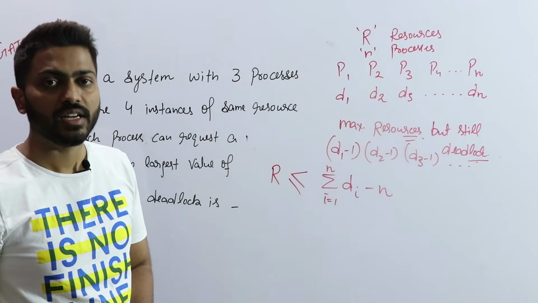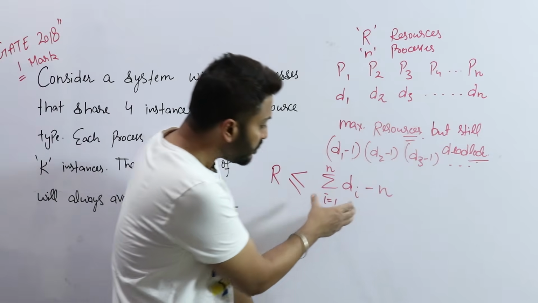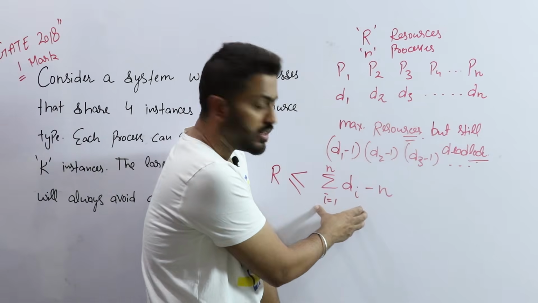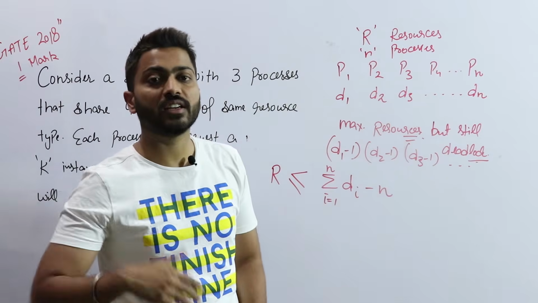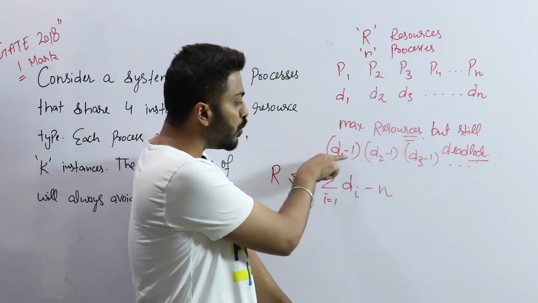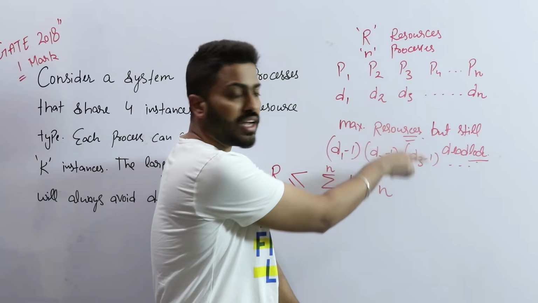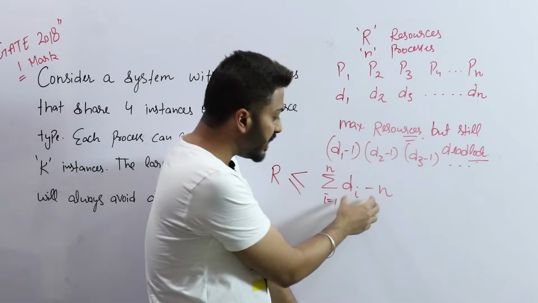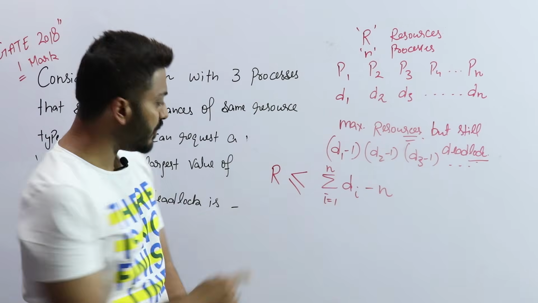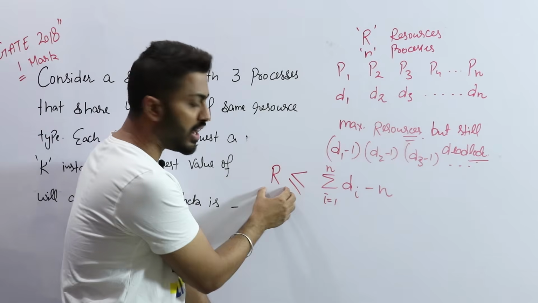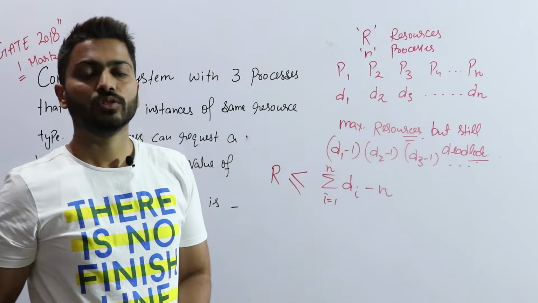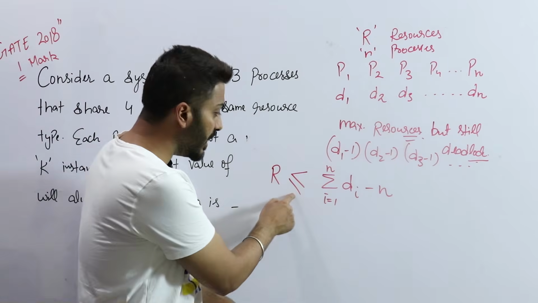There will be a deadlock, because whatever the demand, I am not fulfilling the demand directly. I am giving one less, so there is still a deadlock. If I provide this number R, there will be a deadlock. So our R should be greater than this.